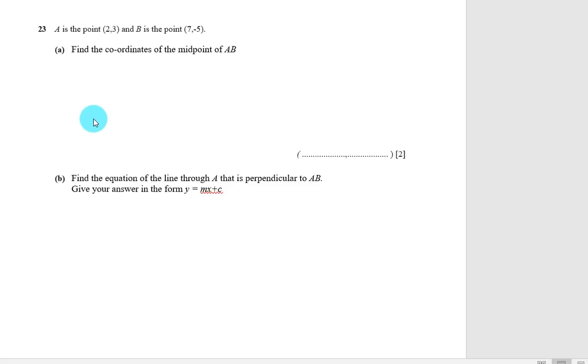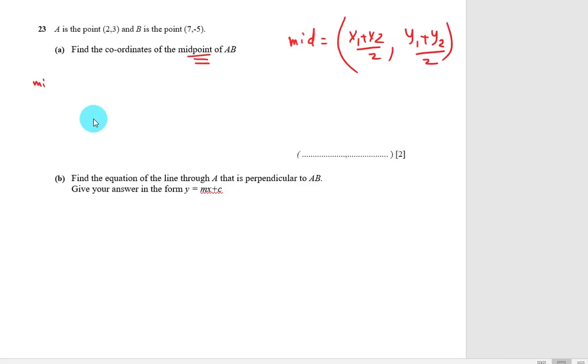A is the point (2, 3), B is the point (7, -5). Find the coordinates of the midpoint of AB. The midpoint coordinate will always equal (x1 plus x2) divided by 2 and (y1 plus y2) divided by 2.